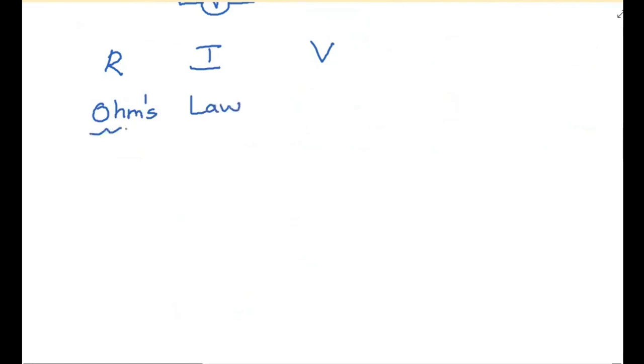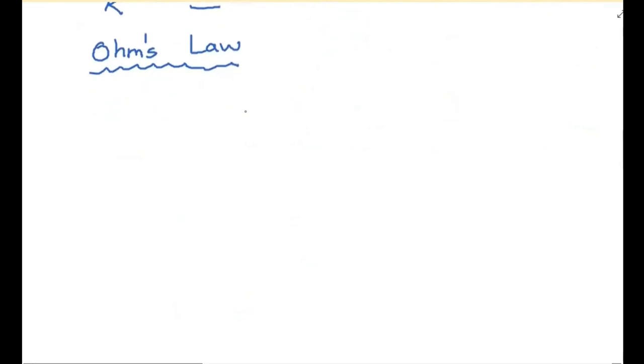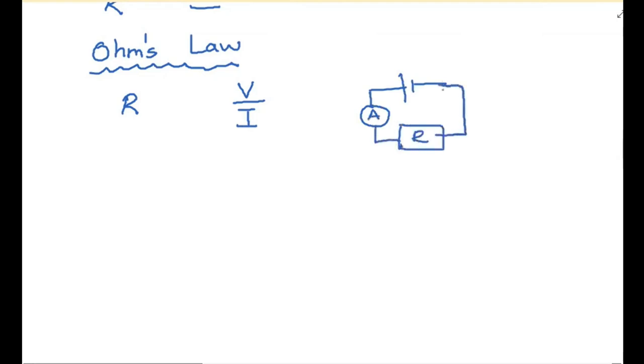Ohm's law is where we look at, for a particular resistor, what is the relationship between V and I? So let's draw a little circuit that we can use. Here's my ammeter, here's my resistor, and here's my voltmeter.